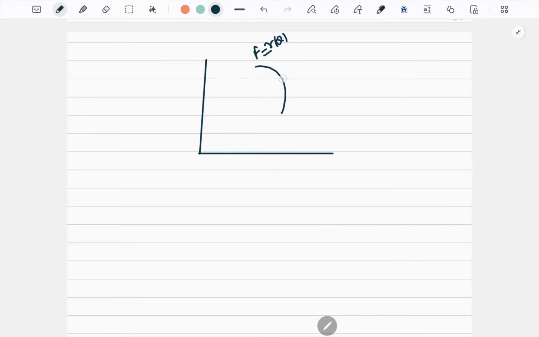Suppose there is any point P on this, and this is a tangent passing through P. This is a point P, r comma theta, and this is a tangent passing through it. Now where is the r in this diagram? Very clearly, when I join this pole with P, this is r and this angle is theta.